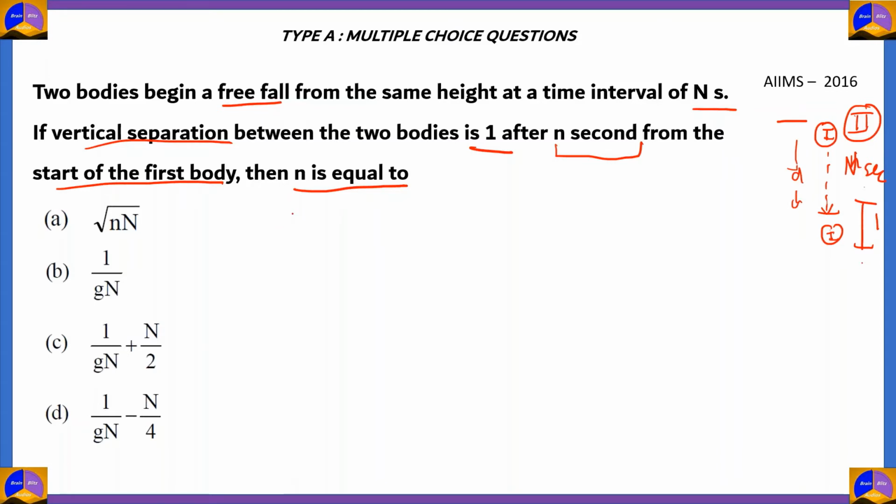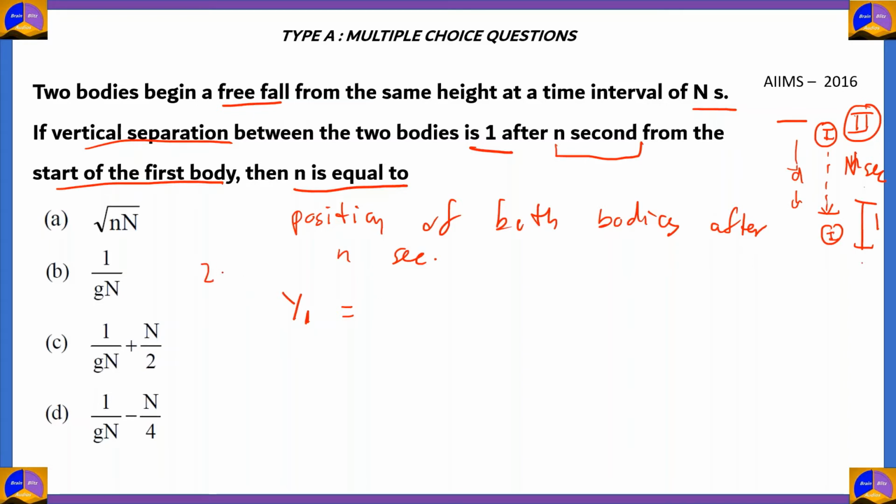So first, we need to find the position of both bodies after small n seconds. So let's consider y1 as the position of the first body after n seconds. So that will be equal to, and here we use the formula S is equal to ut plus half at squared, which is the second equation of motion.